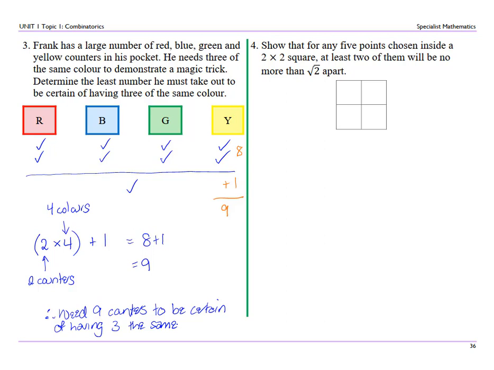Next, show that for any 5 points chosen inside a 2 by 2 square, at least 2 of them will be no more than square root of 2 apart. This square root of 2 apart is really important. You should be thinking to yourself, how do I get a square root of 2? If I think about one of the squares, the longest distance is from corner to corner.